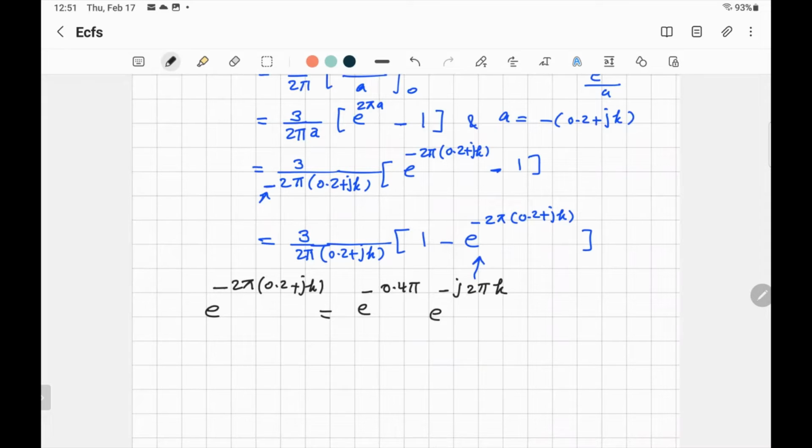Now it starts to look like it can be simplified even more. What's e to the power minus 0.4 pi? It's a number. Pi is a number, 0.2 is a number. So I will do it in my calculator. e to the power of minus 0.4 times pi.